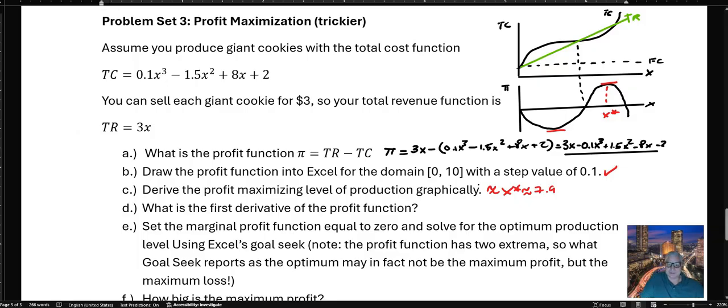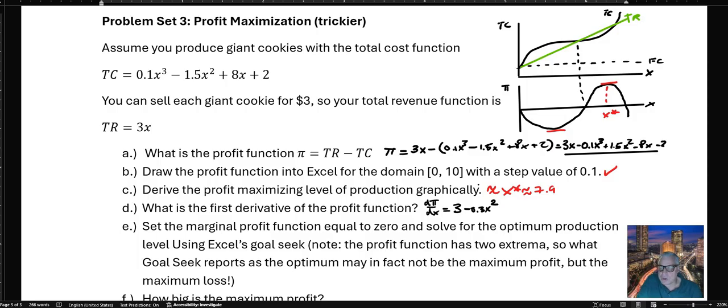Okay, so next one is, what is the derivative of the function? Let me see, what did I do wrong here? Actually, I can't see anything. So the derivative of the total profit function is d pi with respect to dx. That should be 3, minus 3 times, the exponent goes in front, so minus 0.3 x, and now we subtract the 1, so we are left with a 2, plus 1.